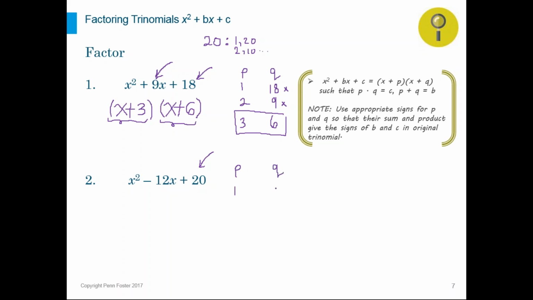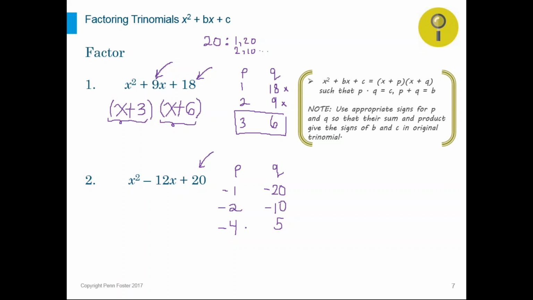I have 1 times 20 will give me the 20. Also 2 times 10 will give me 20. I also have 4 and 5. Remember, I'm looking for factors of 20. When I add them, it should give me a negative number. It means that both of the factors in each set have to be a negative number.